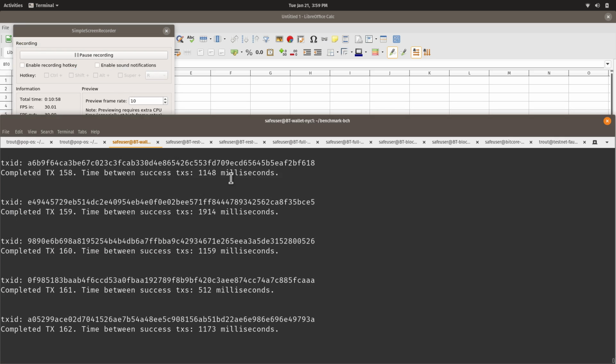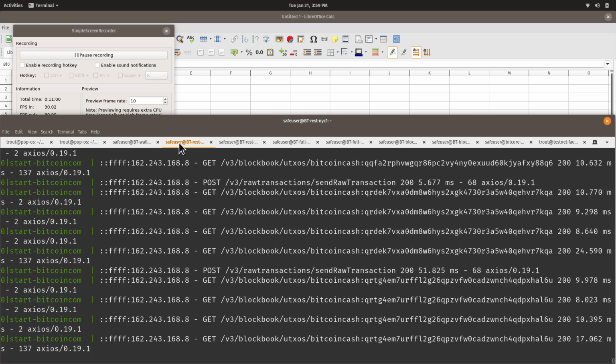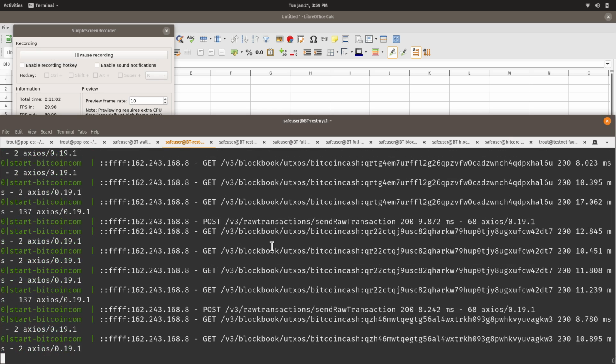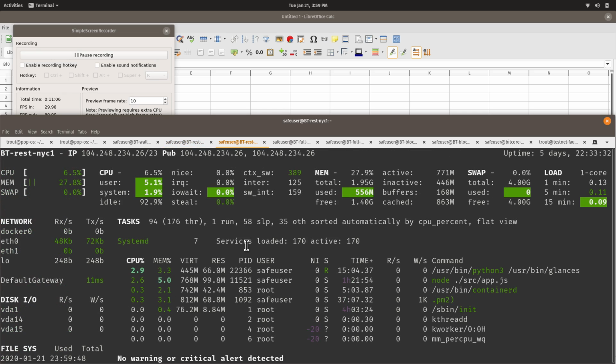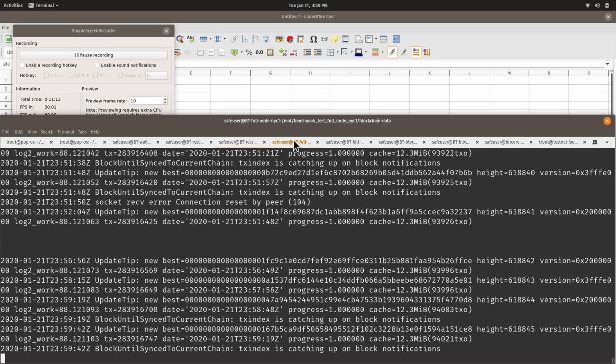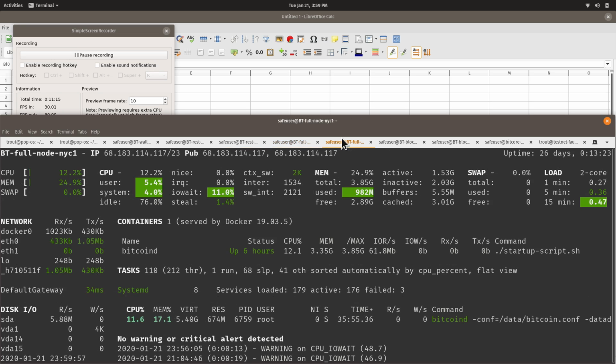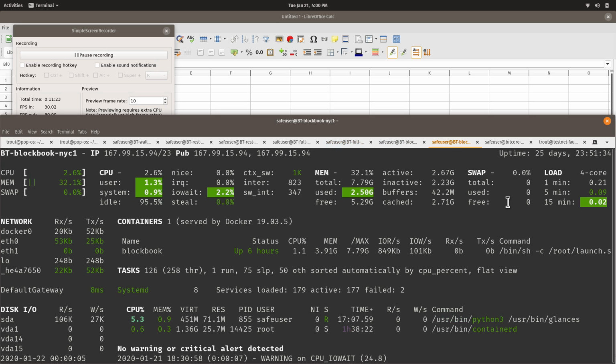So the test is nearly complete, and I just wanted to show some of these other screens. This is the info coming in on the REST API. Here is basically the REST API under test. None of these systems really are showing any level of stress. Here's the full node. Really no change from being at idle. And then here's Blockbook.